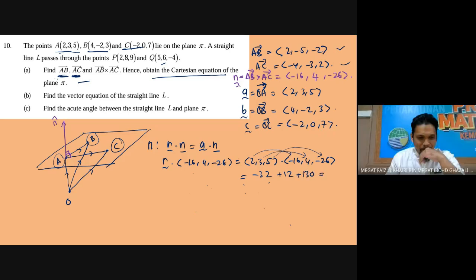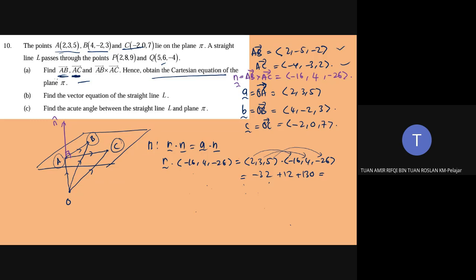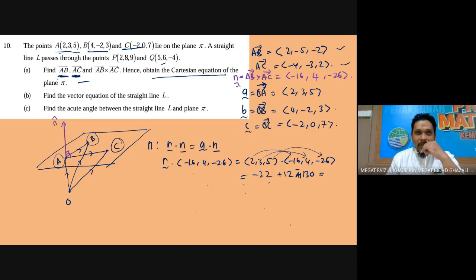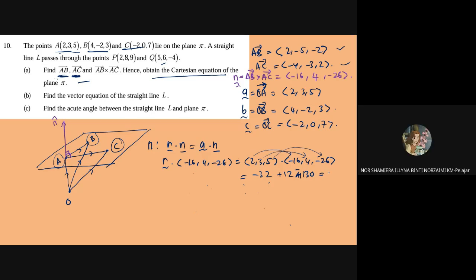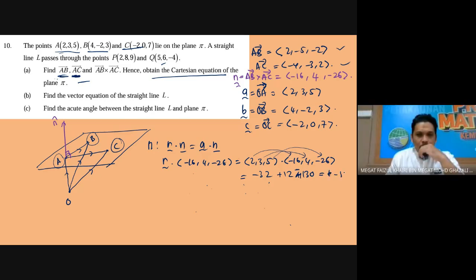So 12 minus 32 minus 130 equals negative 150.